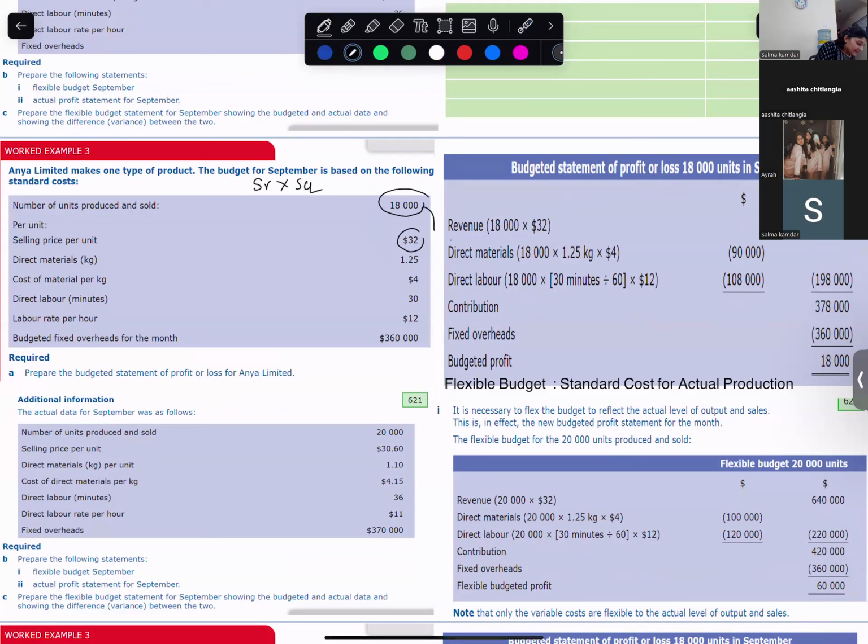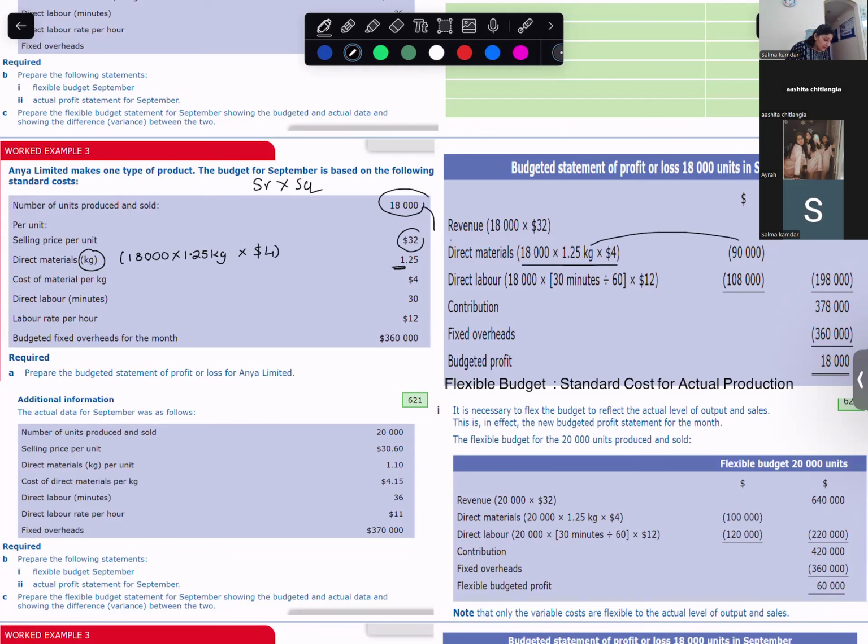Every unit is going to take 1.25 kgs. So if I have 18,000 units, each taking 1.25 kgs, and my price per kg is $4, this will be my direct material cost.